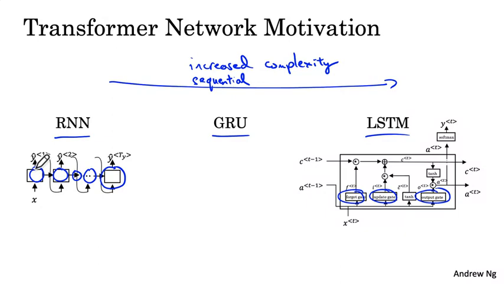In this video, you learn about the transformer architecture, which allows you to run a lot more of these computations for an entire sequence in parallel. So you can ingest an entire sentence all at the same time, rather than just processing it one word at a time from left to right.